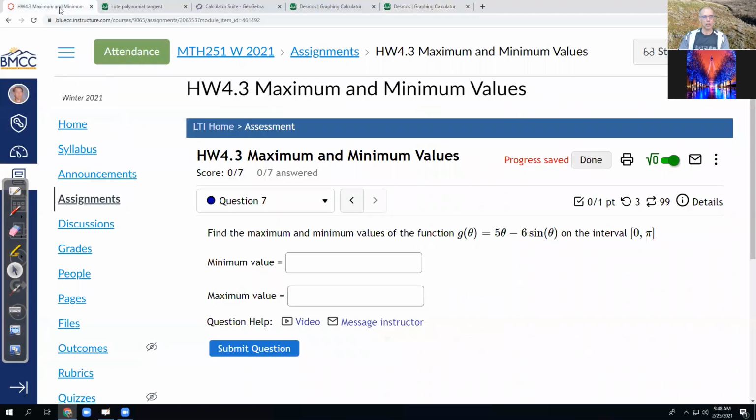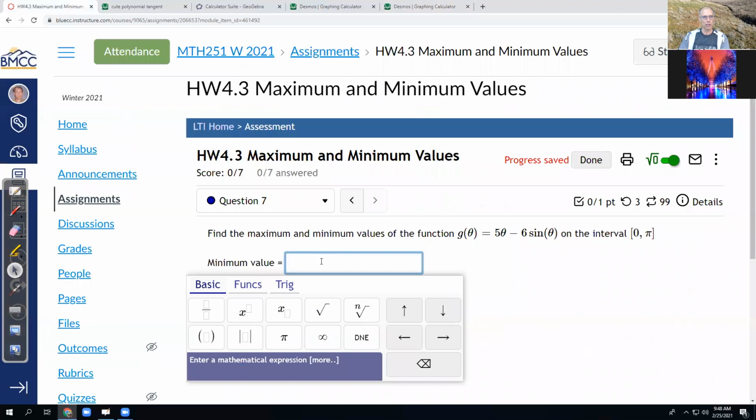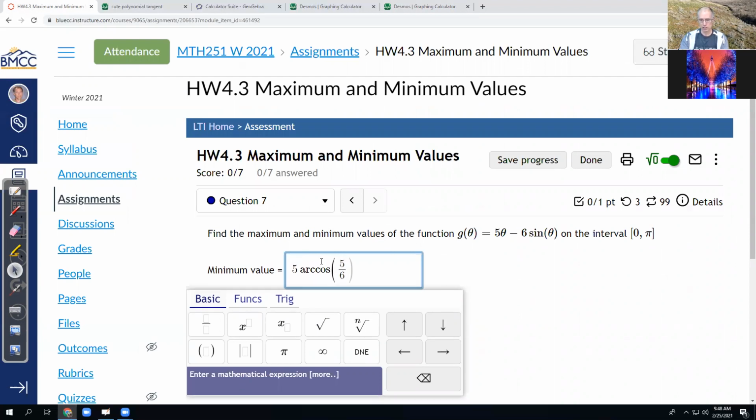All right, and then the minimum value. So remember, that's the y value. If I wanted to state it exactly, I can just use that arc cosine. Otherwise, it will probably accept an approximation. So the exact value is just 5 times the arc cosine of 5/6 minus, so I just plug that number into the function, 6 times the sine of the arc cosine.